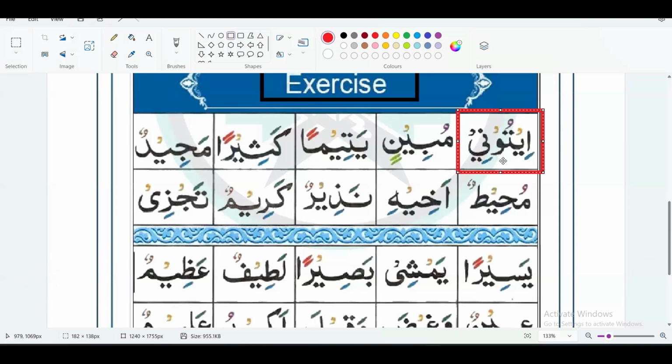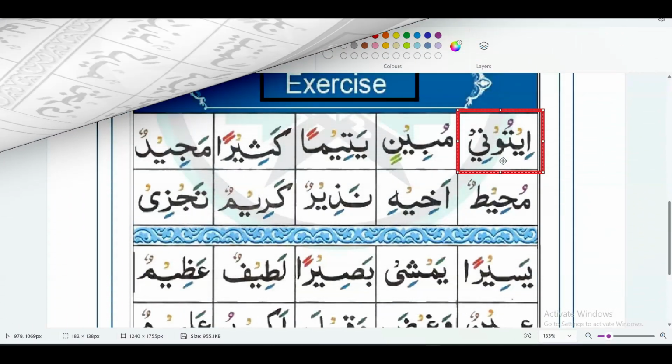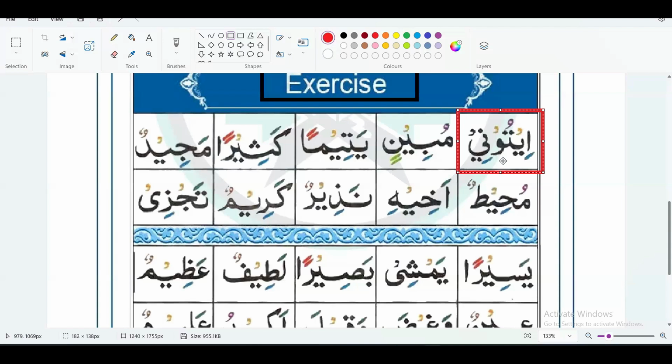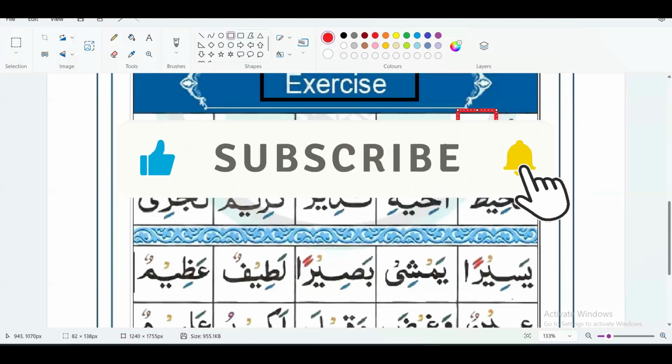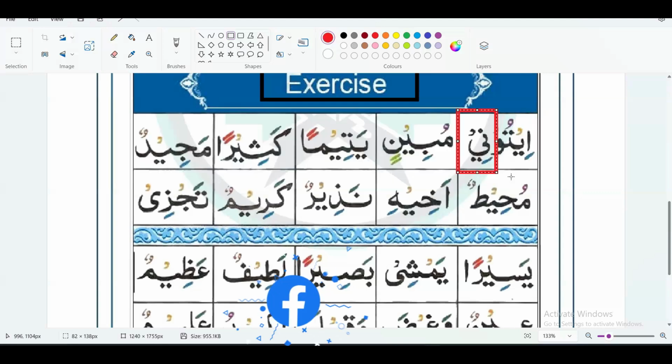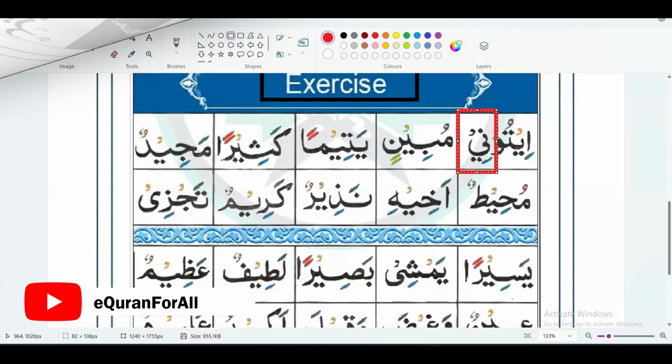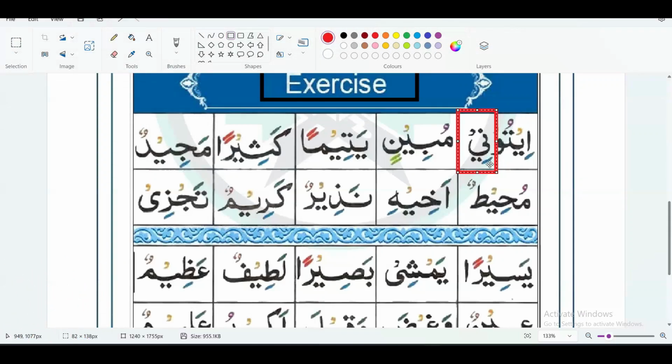Which one is ya madda, which one is not, or both are ya madda? Only the first one is Ya Madda. What about the last ya? Is it ya madda or not? The last letter, this ya. No, it's not. Why? So yes, this is also ya madda.